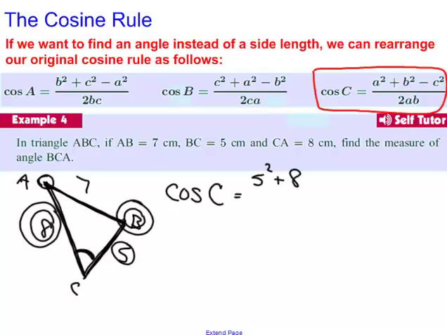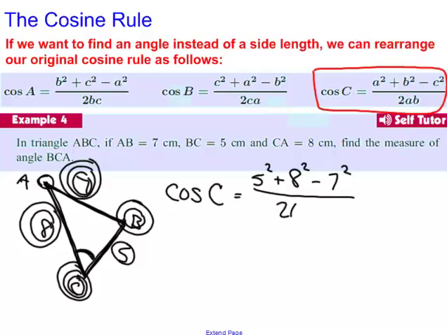So 5 squared plus 8 squared minus, if this is angle C, then this is side C, so minus 7 squared, over 2 times 5 times 8. Now when we calculate that, we get the cosine of angle C equals 0.5.